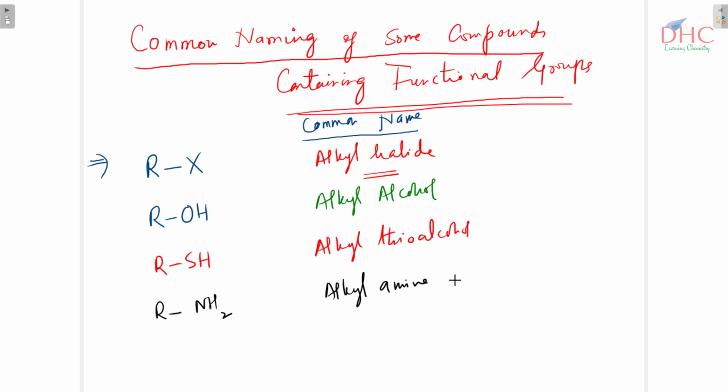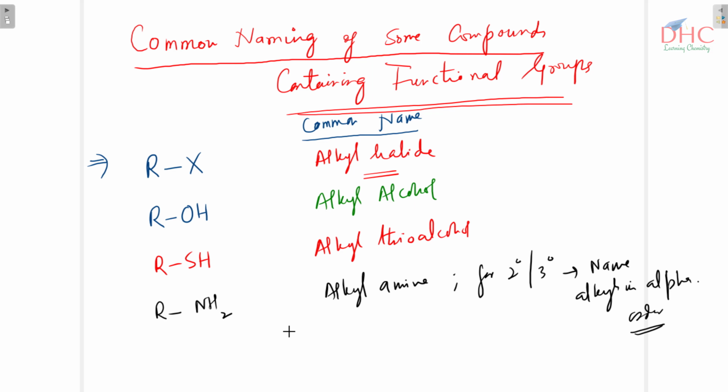So for 2 degree or 3 degree, we will name these alkyls in alphabetical order.